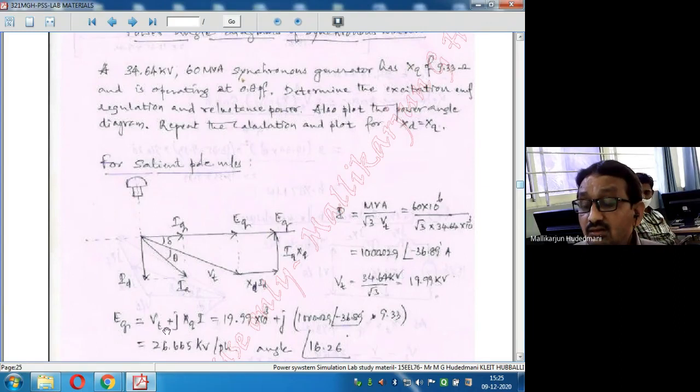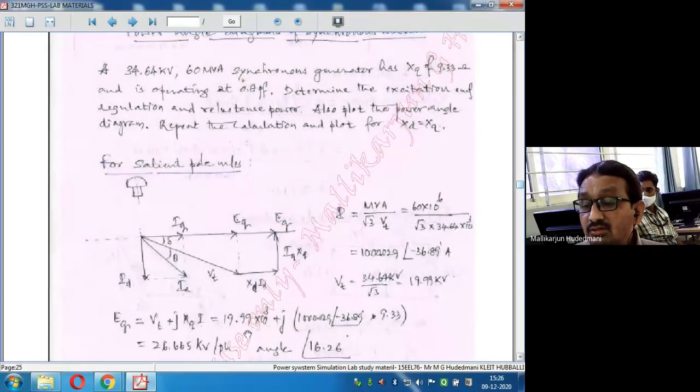You can see here Eg is equal to Vt plus the 90 degree shifted vector XQ into I. When I take this product, I will get the internal voltage: Vt plus j XQ into I. Vt I know, XQ I know, I know.